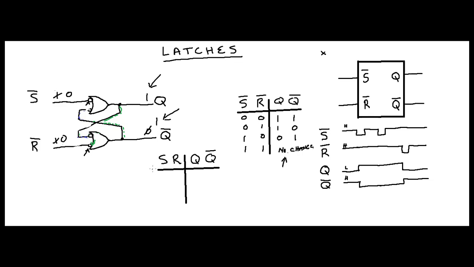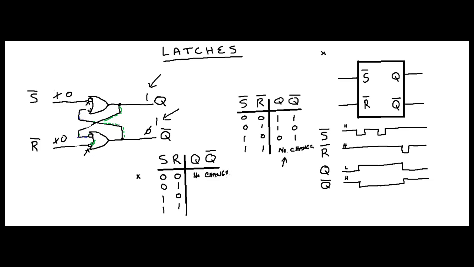All right, everyone, welcome back. Let's try it. 0, 0, 0, 1, 1, 0, 1, 1. So in this case, 0, 0. Remember, this is positive logic. So neither of these are active, are they? This would be the no change state, wouldn't it?